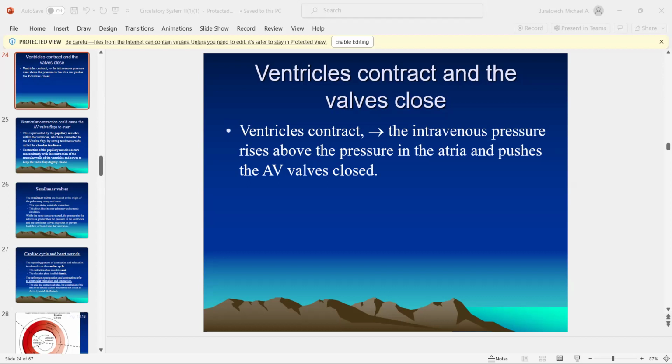The signal to beat originates in the atria, specifically the upper part of the right atrium. There is a patch of cells called the cardiac pacemaker. The cardiac pacemaker is also called the sinoatrial or SA node. These cells can spontaneously depolarize.